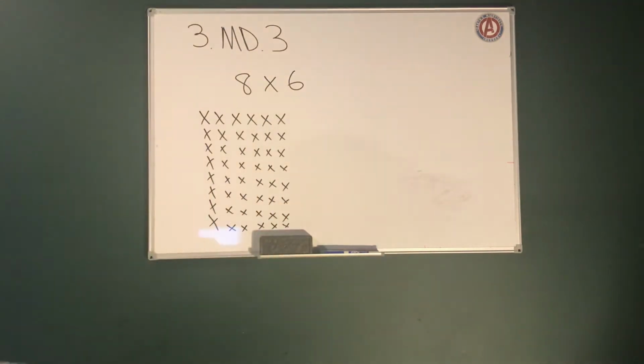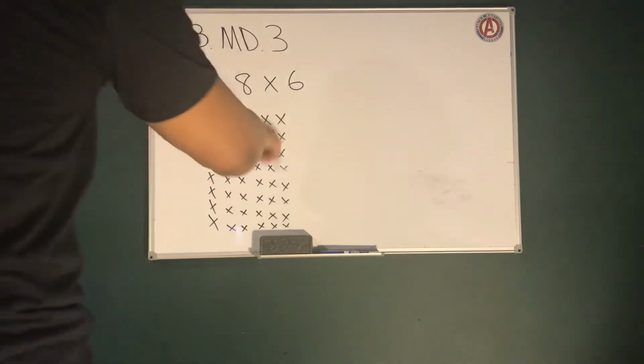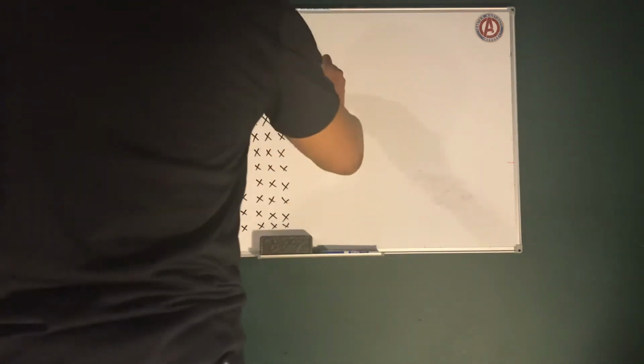And once we're done making our array, all we would do is simply count the x's, and you should have 48.